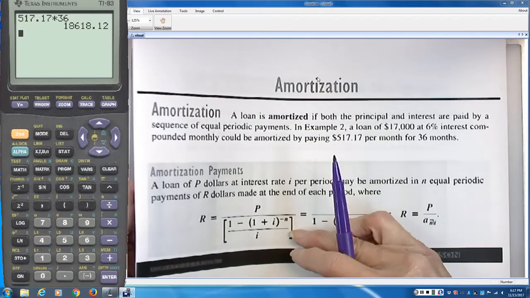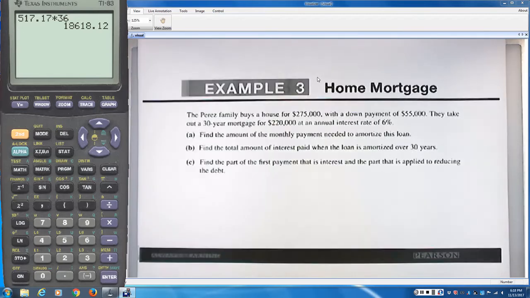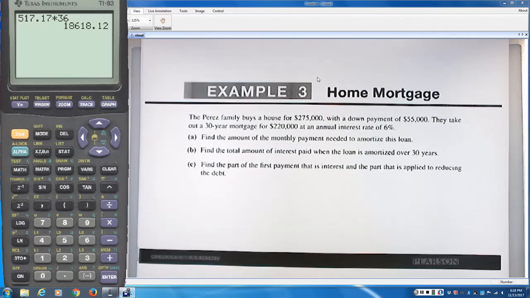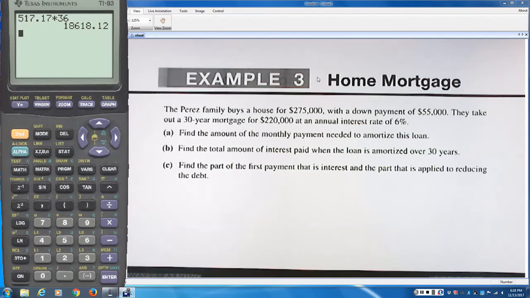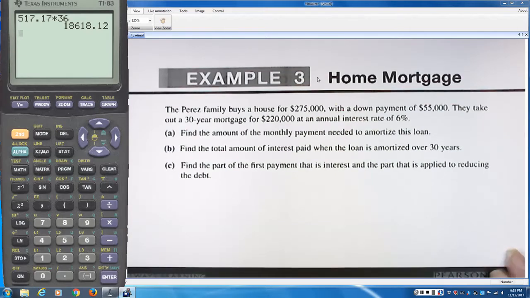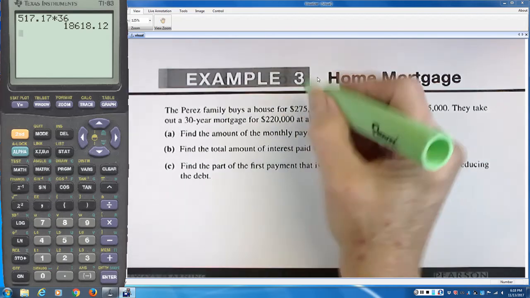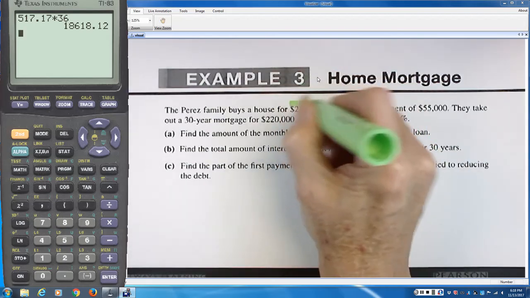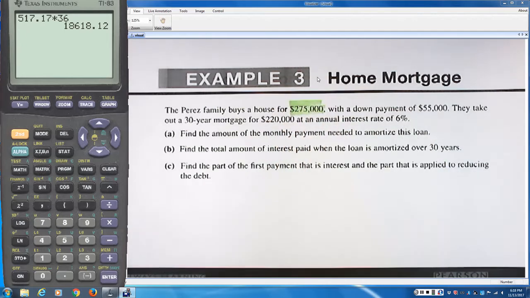So if you turn it into that situation, we can talk about home mortgages. So here's one problem about a home mortgage. The Perez family buys a house for $275,000. That's the actual asking price.